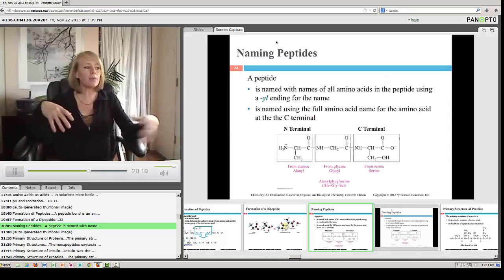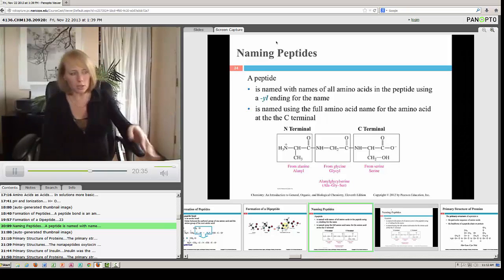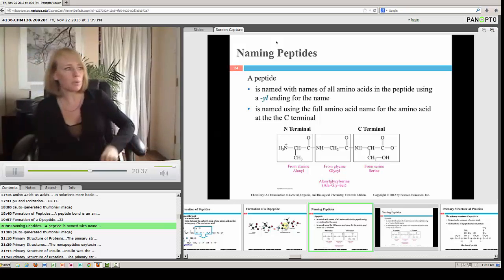So in this example, on the portion that is terminally ending with an amine, that one is alanine, okay? And then in the middle we have a glycine, and then we have a serine, okay? So we would call it alanyl glycyl serine for its nomenclature. Of course, you wouldn't do these with very extensive polymers of the amino acids, but when you have small ones, you can certainly use that method for nomenclature.